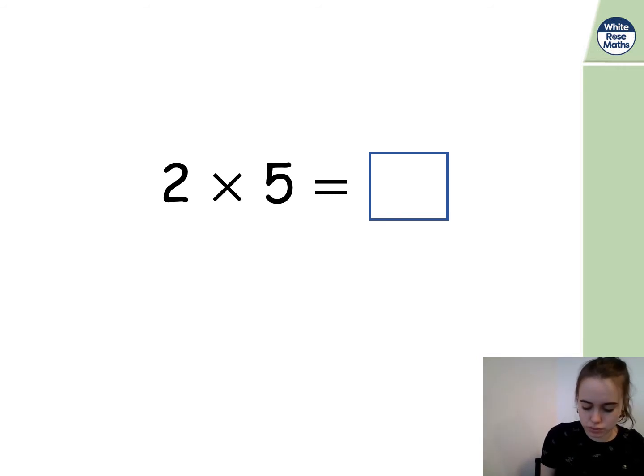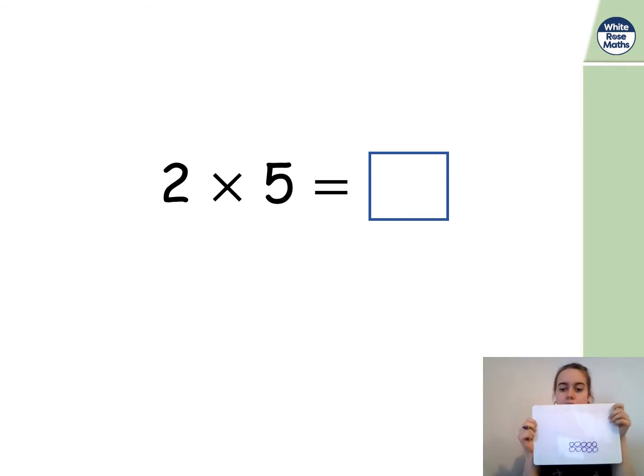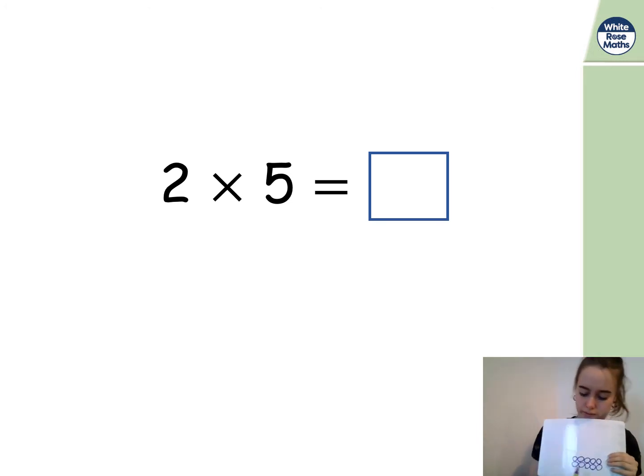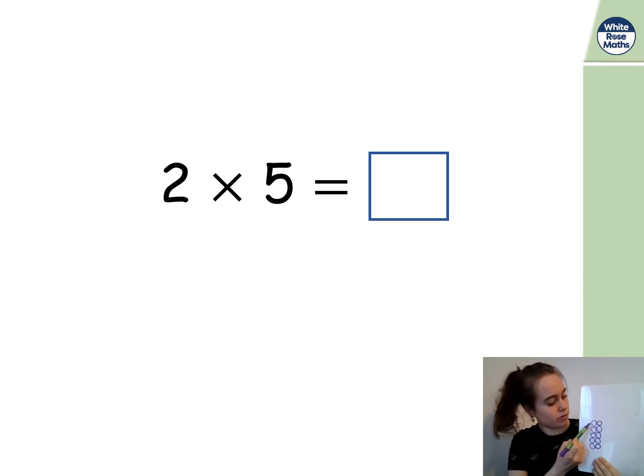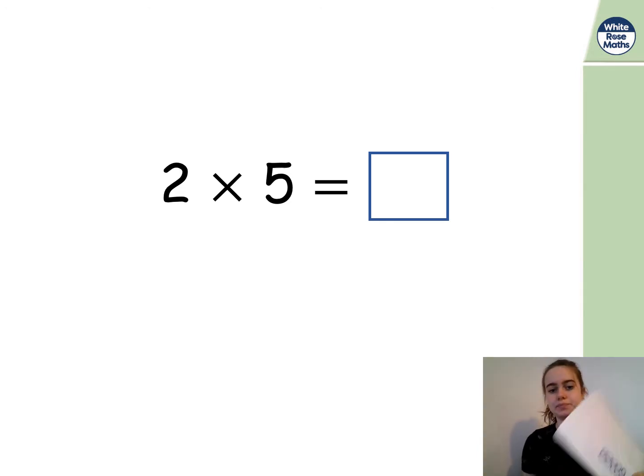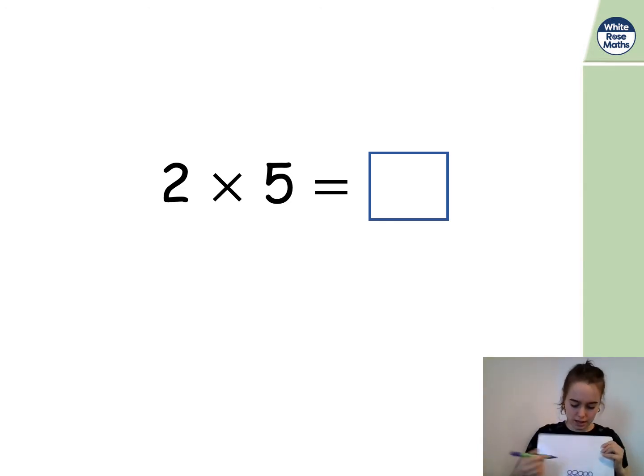Now I'm going to draw the next group of 5 in my array. So in that way, I have got 2 groups of 5. This way, I've got 5 groups of 2. And that gives me 2, 4, 6, 8, 10. So 2 multiplied by 5. Hopefully this is the answer you got at home.